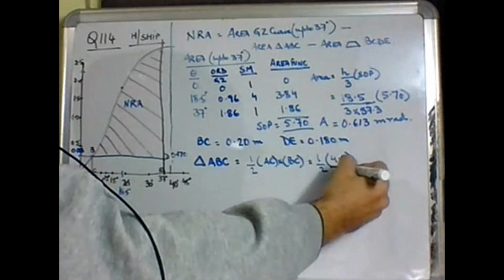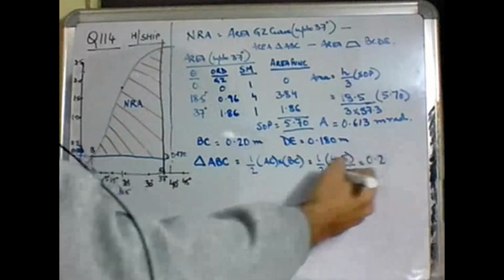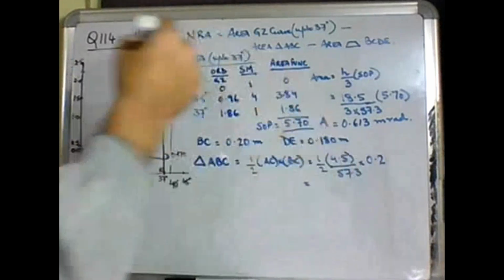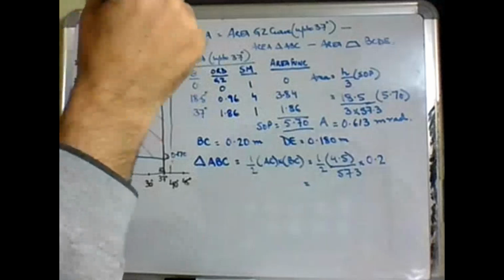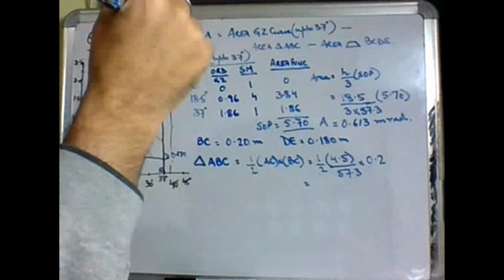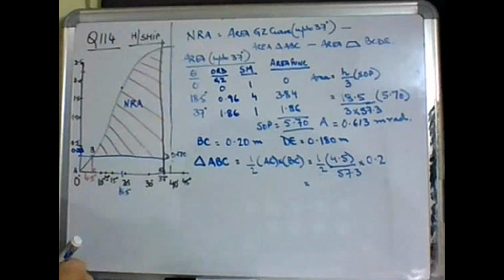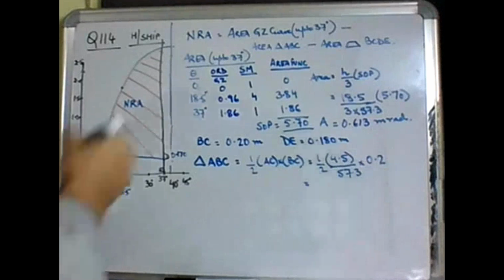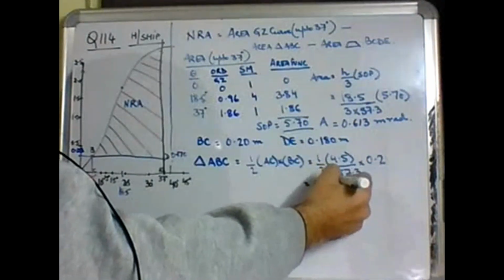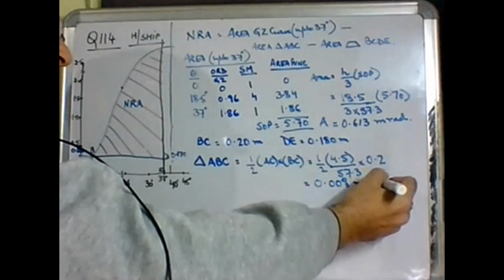Denominator में चला गया 57.3 into BC 0.2. So area of triangle ABC is how much? Yeah, 0.008. So many meter radian.